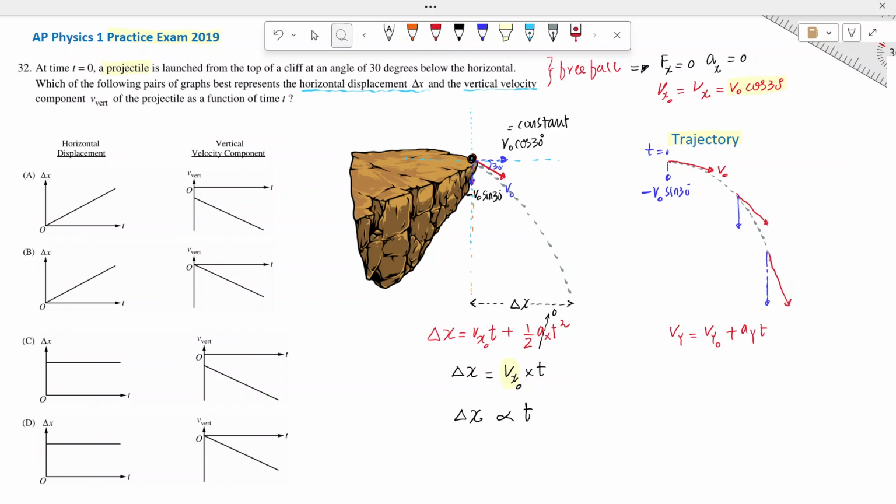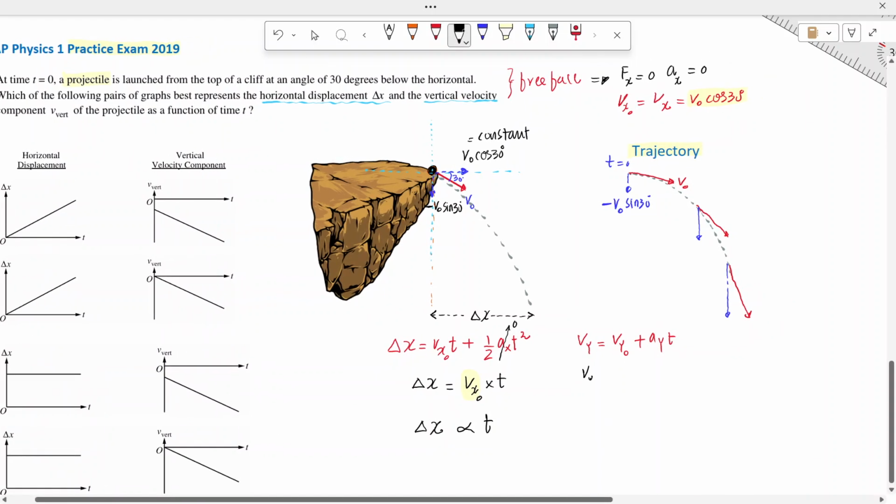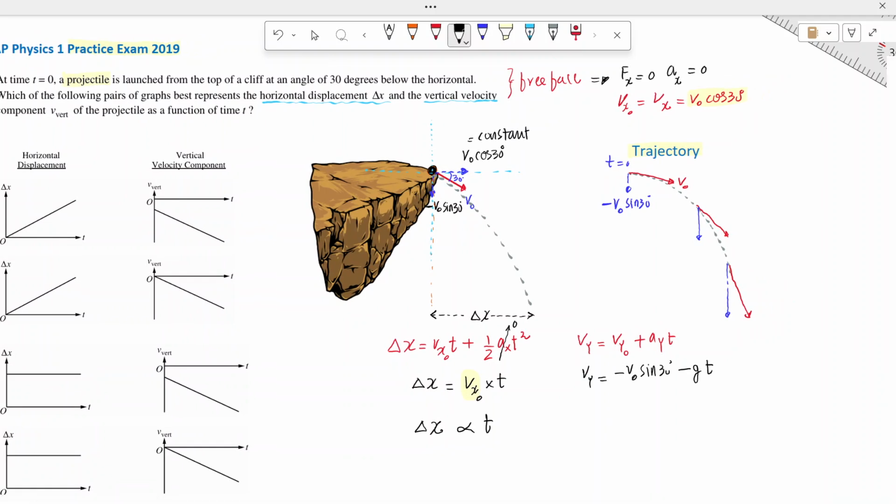If you look at this equation, the acceleration is constant in the y direction, right? And vy is equal to negative v0 sine 30 minus gt. Since time is an increasing quantity, the vy will be increasing.